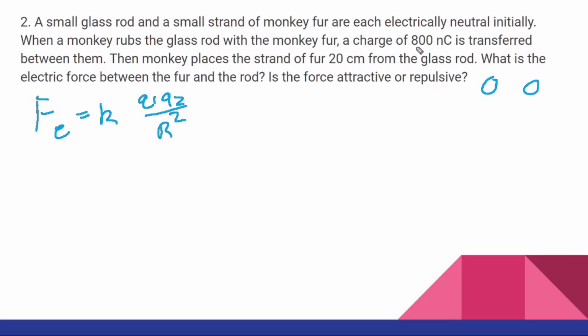Because there is a transfer of 800 nanocoulombs, the resulting difference between the two is that one has gained 800 nanocoulombs and one has lost 800 nanocoulombs.